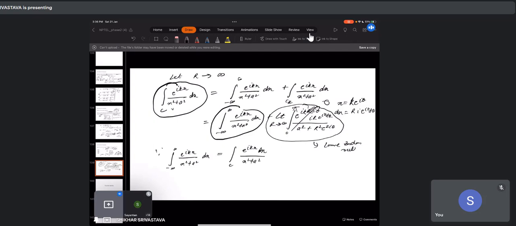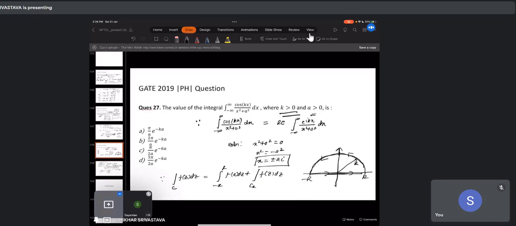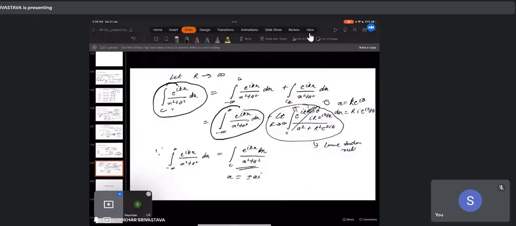And this you know how to solve. You first find the poles. The poles will be plus minus a iota, and you know that minus a iota lies outside this curve. So only plus a iota will be contributing.